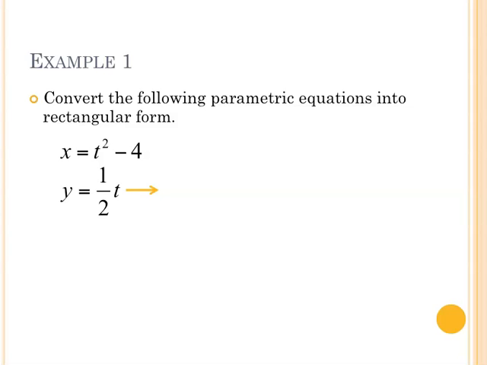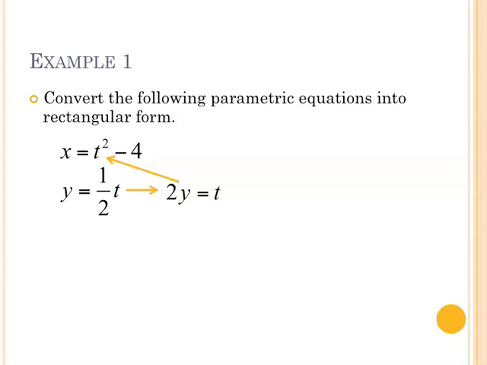Okay, so multiplying both sides by 2, we end up with 2y equals t. That's the first step. Second step, now we are going to substitute t in the first equation. So instead of writing t squared minus 4, we are going to write in (2y) squared minus 4.